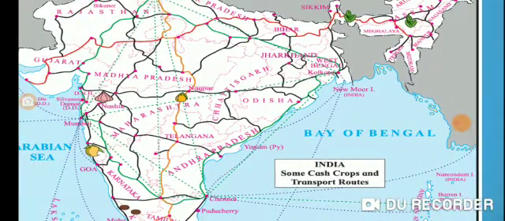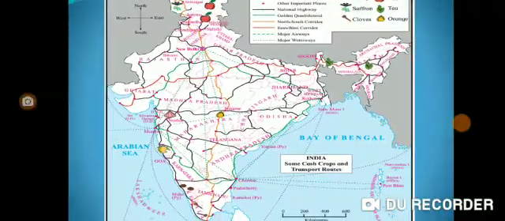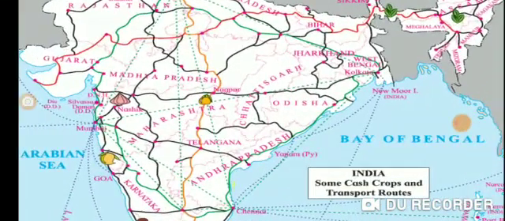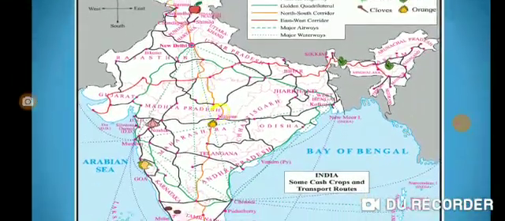Again, find a convenient route for you all. Starting from Nagpur, you move on to the closest state which is leading you towards West Bengal. Where is Nagpur? Nagpur is here.